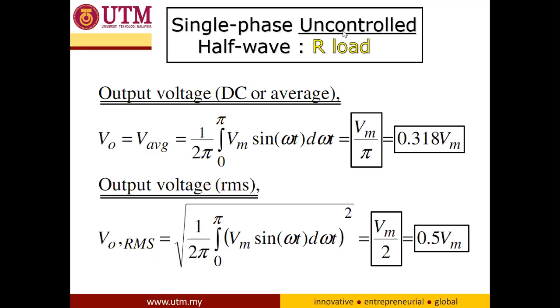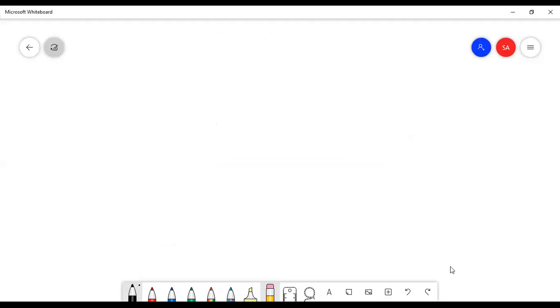I would like to show you how to derive the equation for the average output voltage.